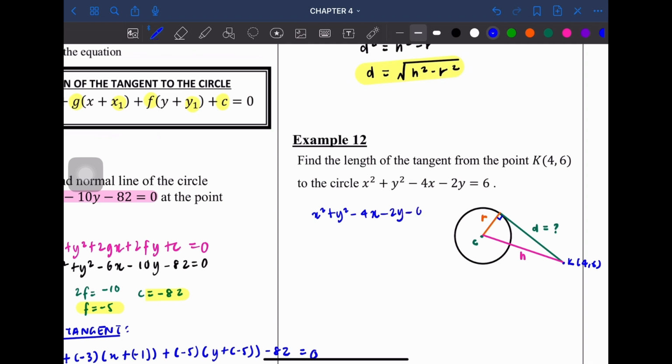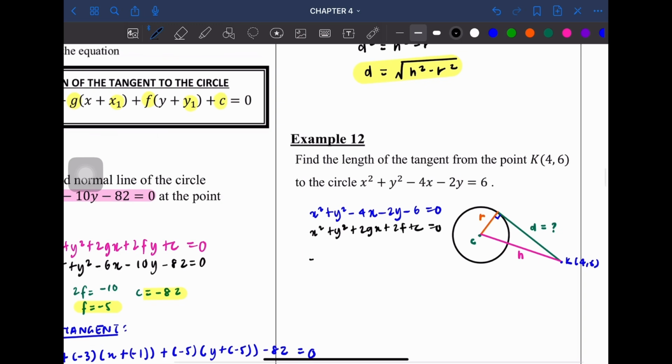Minus c equal to 0. So this is from the equation, and we know that our general equation is x squared plus y squared plus 2gx plus 2fy plus c equal to 0. So from this, we know that our negative 4 is equal to 2g, so g is equal to negative 2.